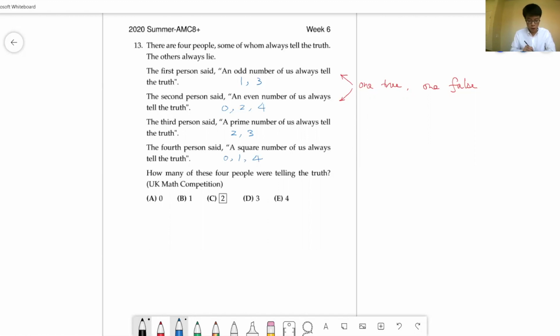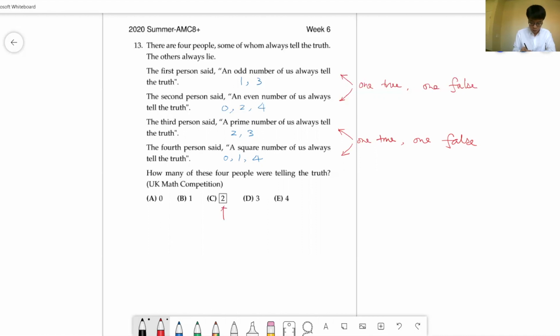So by similar reasoning, for the third person and the fourth person, we have one true statement and one false statement. So although we don't know who tells the truth and who lies, we know there are two persons telling the truth and two persons lying. So the answer is 2.